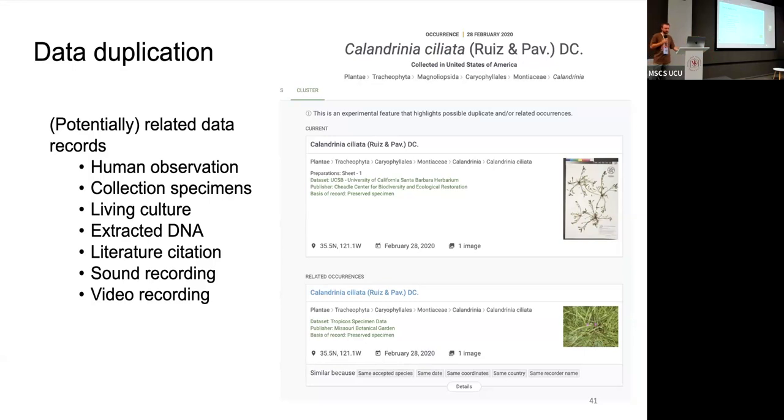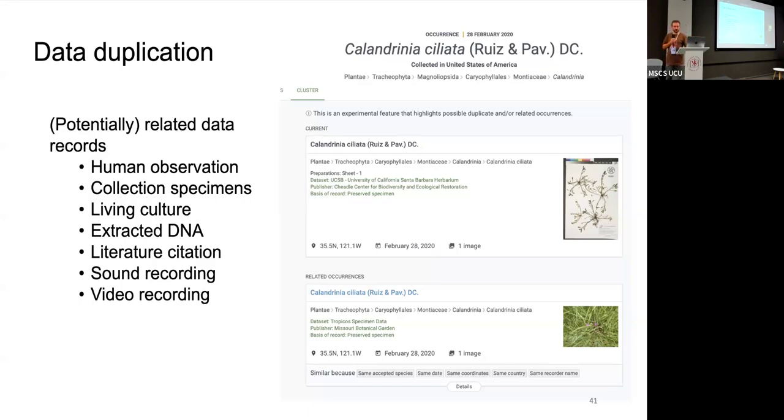We have a photo, which is another piece of information, probably made by someone else in some citizen science resource. We can have extracted DNA, citations in scientific literature, and so on, many kinds of information which can be individually and independently digitized.